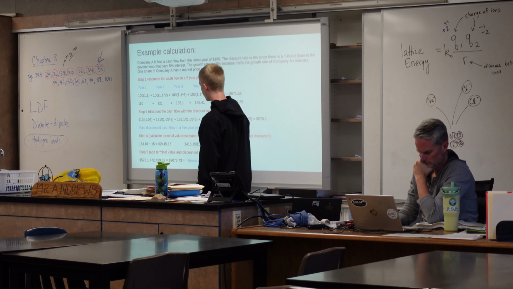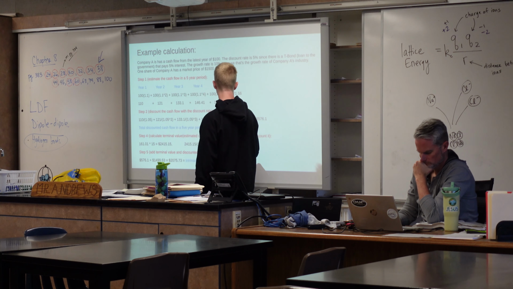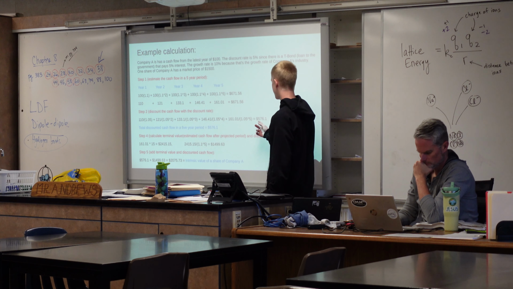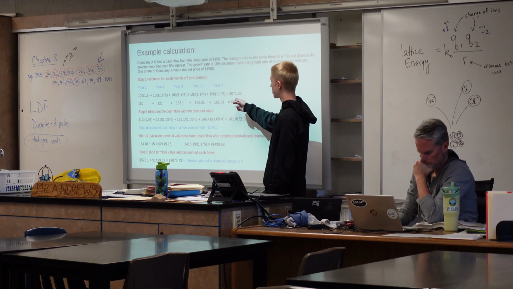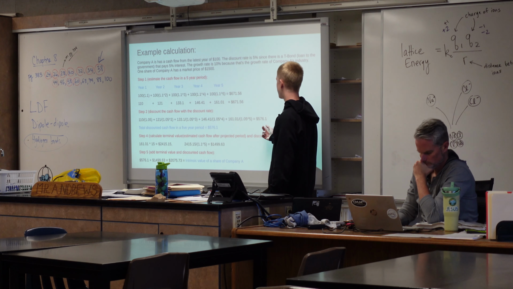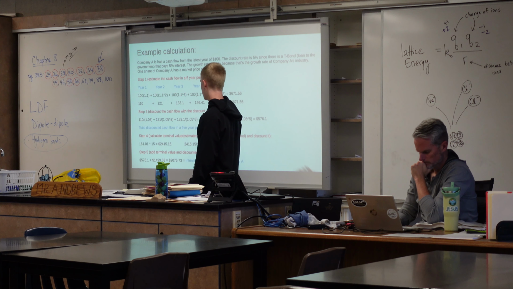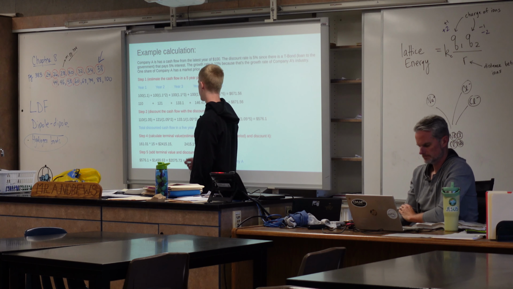And so if you add all these up again, then this is going to be the discounted value. So that means that $671 in the future is going to be worth $576 in the present today. And the total discounted cash flow in a 5-year period will be $576.